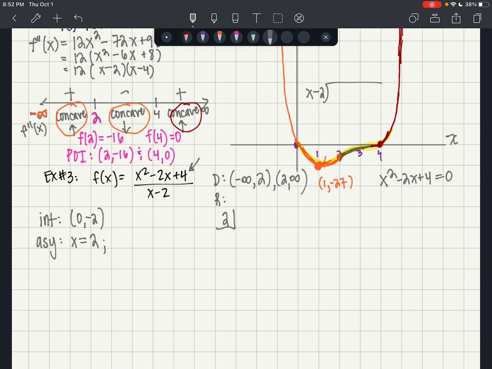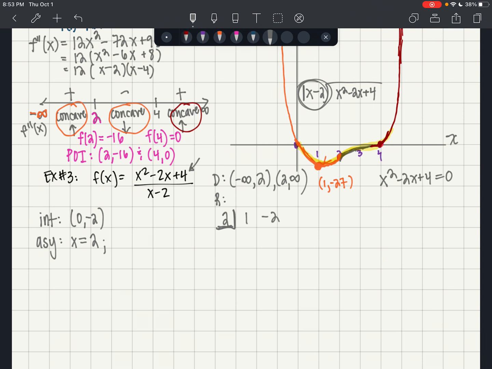Let me just use this space right here. Because I'm dividing by a linear expression with a coefficient of 1, I can set that equal to 0, and I get a 2. That's the value that's going to go in the box. That's the possible root, possible 0, possible solution.